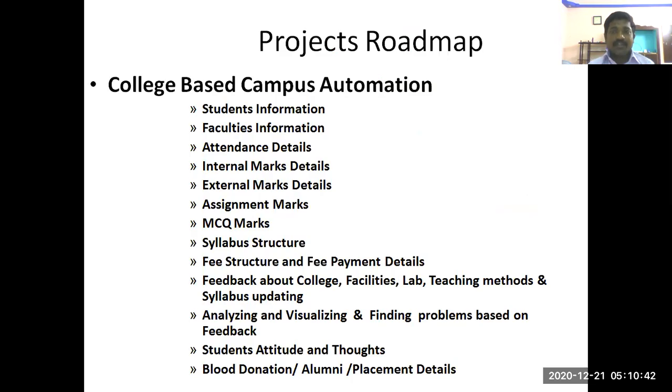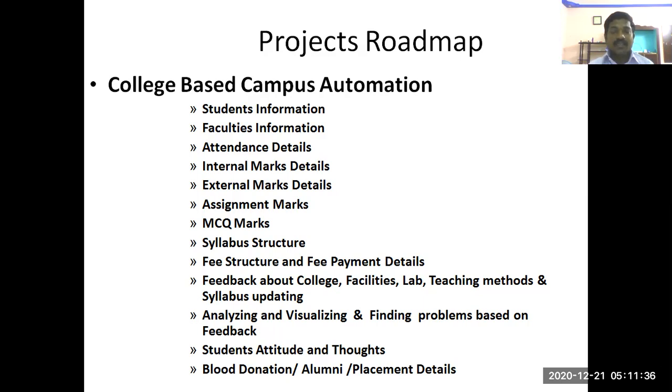Project roadmap. After knowing the concept of software engineering, within the college, we can develop the following software as a kind of mini project: student information, faculty information systems, attendance detail systems, internal marks details, external marks details, assignment marks, MCQ marks, syllabus structure, fee structure and fee payment details, feedback about college, facility, lab, teaching methods and syllabus updations, analyzing and visualizing and finding problems based on the feedback, students' attitude and thoughts, blood donations, alumni placement details of the college.